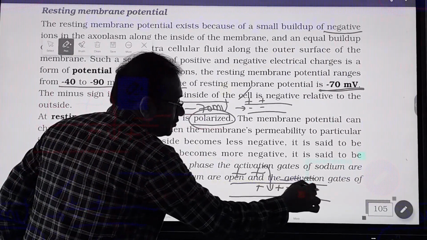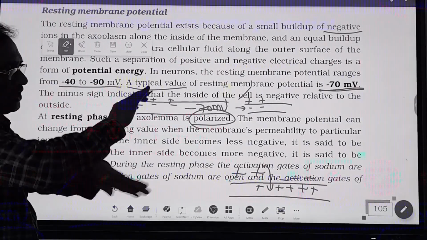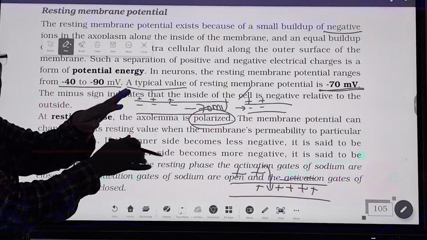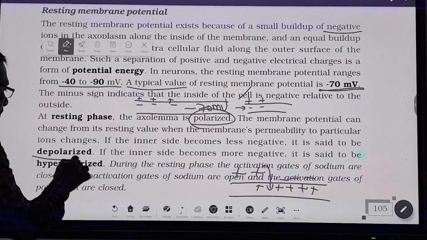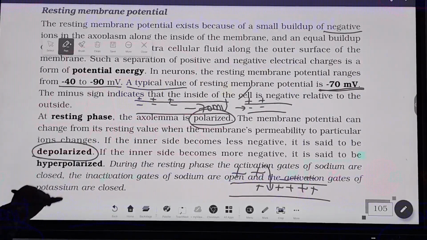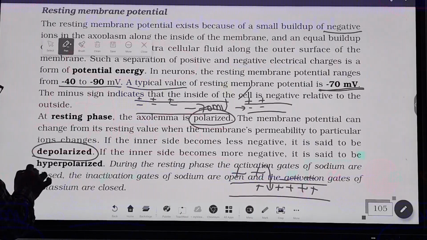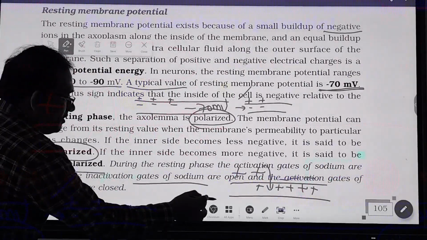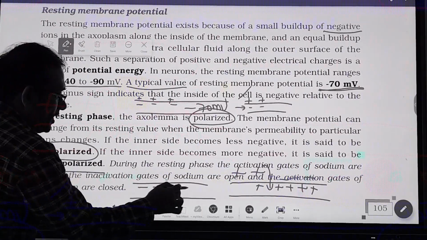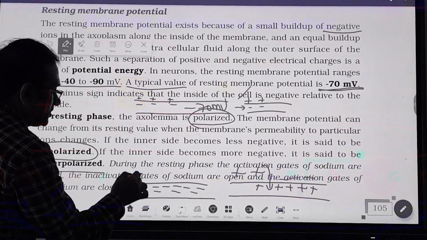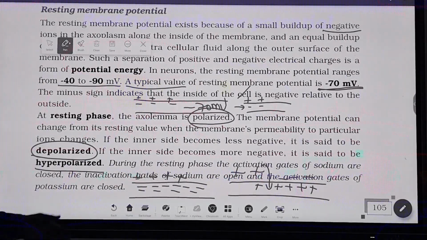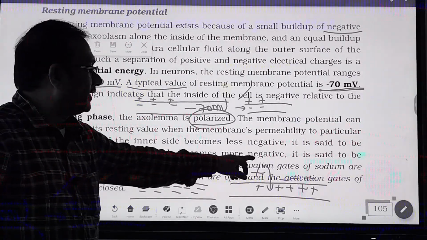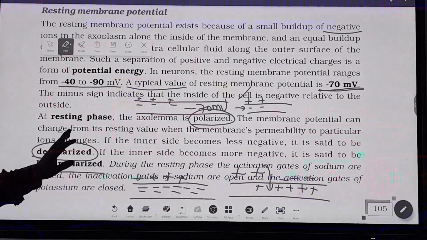So inside positive, outside negative, this changing of the positive and negative along the length of the axoplasm is called depolarized. The poles are reversed. And if more negativity is present in the axoplasm and outside only less positivity is present, so the inner side becomes more negative, it is said to be hyperpolarized.